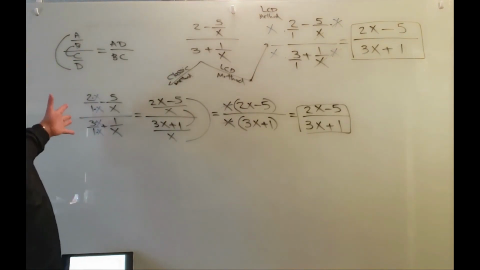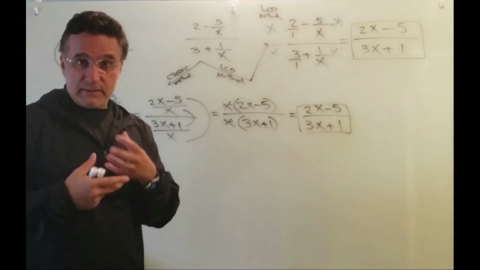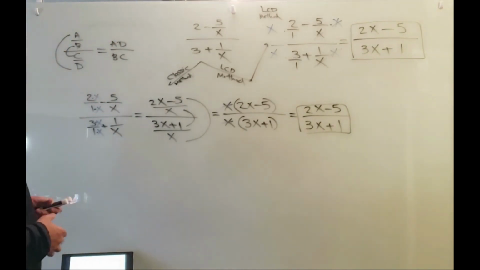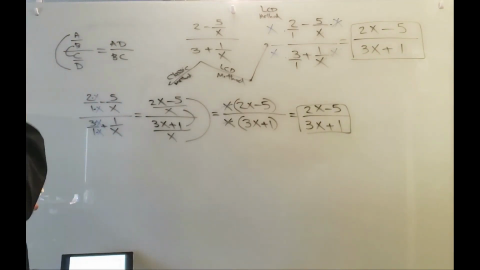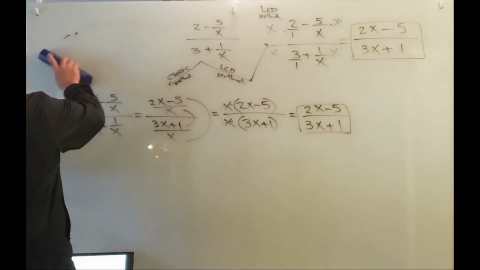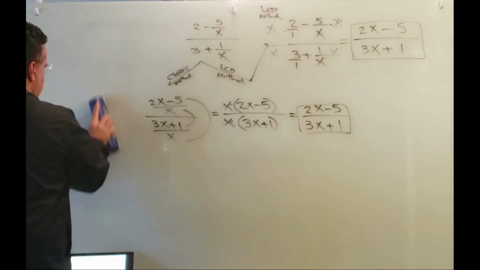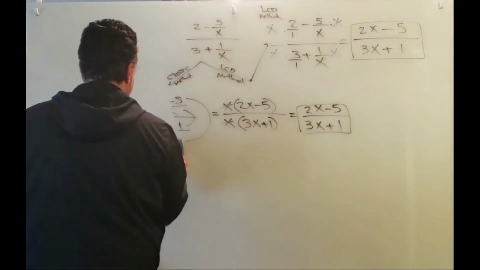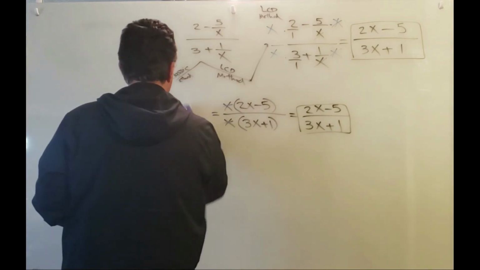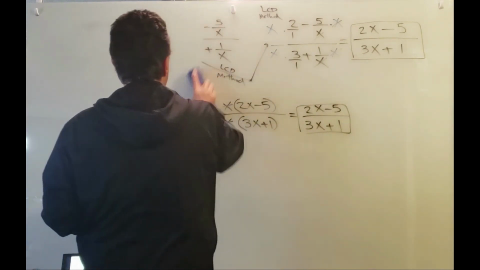But this method is also good. It's classic. It keeps your fractional skills very strong. So each has its own strengths. So we'll look at a couple more examples, and we'll utilize both methods in these examples.